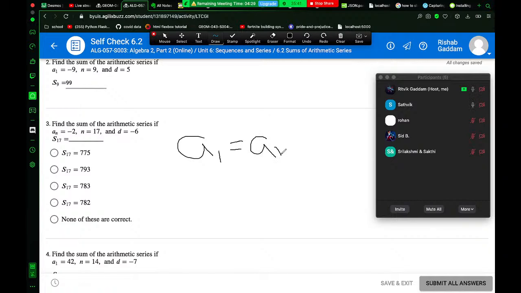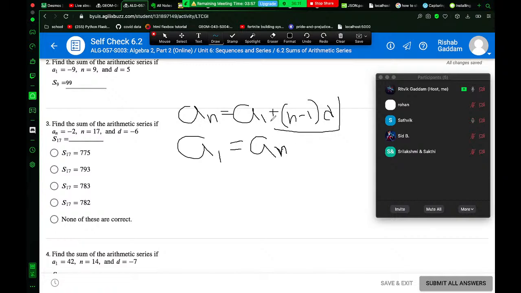Okay, so Satvik, let me just explain what you did here. Normally the formula is a1 plus n minus 1 times d. But what Satvik did here is he switched it around, he took all of this to the other side, so a1 is isolated.